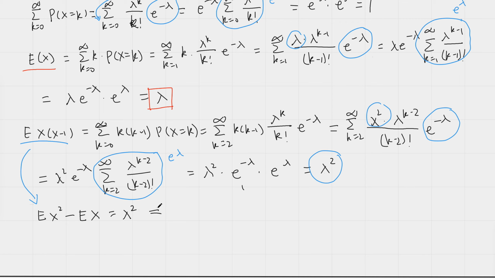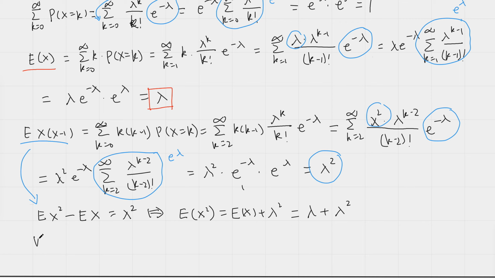So this implies expected value of x squared is equal to expected value of x plus lambda squared. Now we proved that expected value of x is lambda, so this is equal to lambda plus lambda squared.